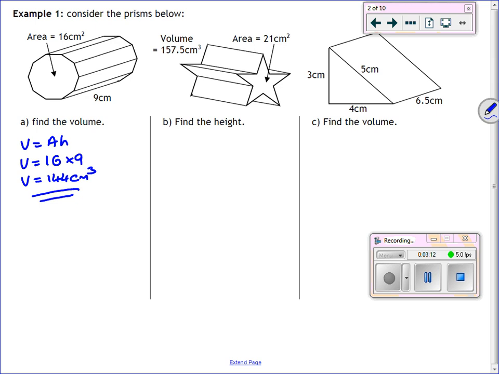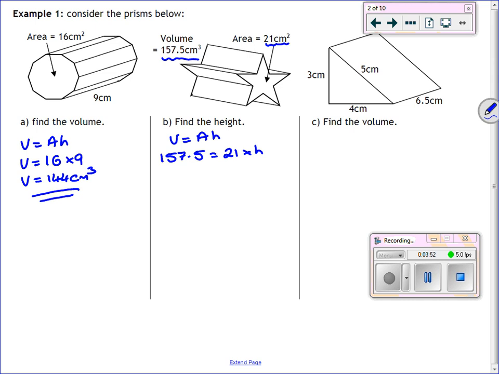Okay, it's that simple. The second shape, you're asked to find the height this time. So we know what the volume is. The volume is 157.5 cubic centimeters. The area is 21 square centimeters. So what we want to do is find the height of the object. V is equal to area times height. So 157.5 is equal to 21 times h.